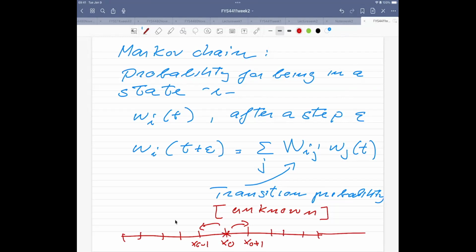So what you could say then is that you could define a probability distribution, W, this is the Wij, which you could say is equal to 1/2 if the distance, the absolute value of i minus j, is equal to 1, or 0 else. In that case, you know the probability. So it's just a half.